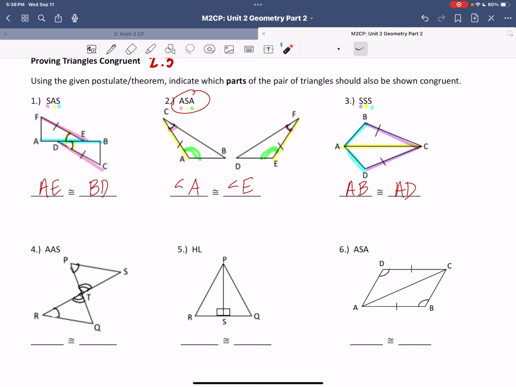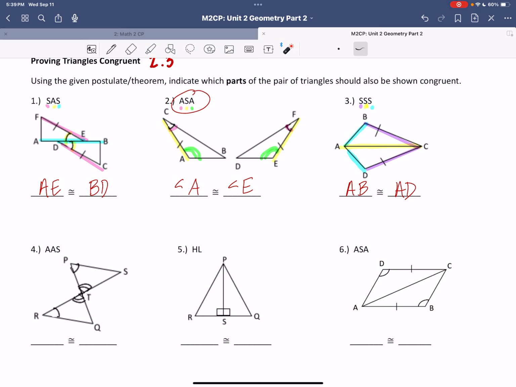All right, on this one, you need three sides to make it congruent. So let's look at what's provided. What is provided is BC, and right here, CD. And also they both share this side, so it's congruent to itself. That's called the reflexive property.